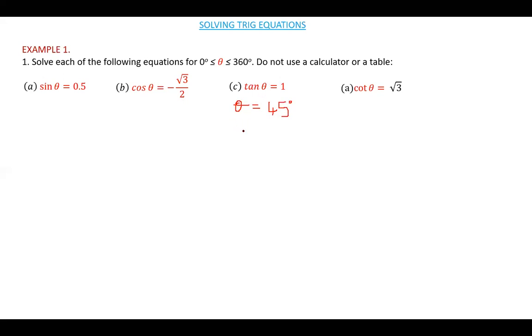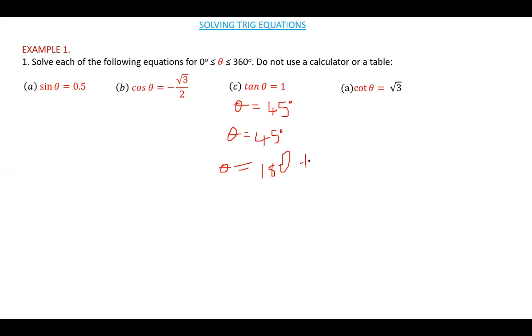So we know tan is only positive in the first and in the third quadrant. In the first quadrant, theta will still be the same 45 degrees. But in the third quadrant, theta is going to be 180 plus 45 degrees.